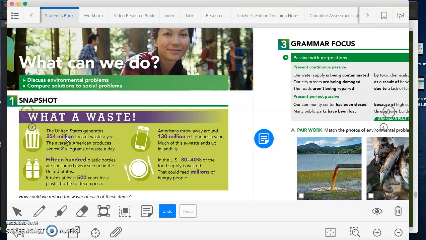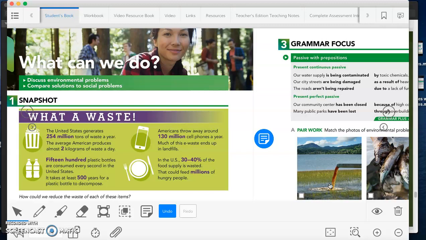So this waste, let's say, goes to the ocean and it kills the sea life that we can see in the ocean. There are also many factories that throw their waste onto lakes and onto oceans. There's a lot of animal killing and so on.